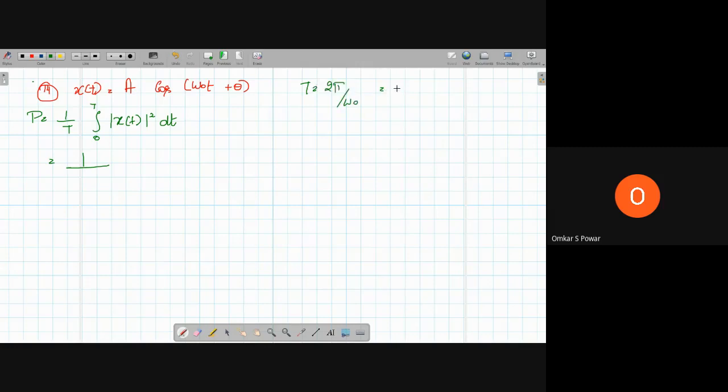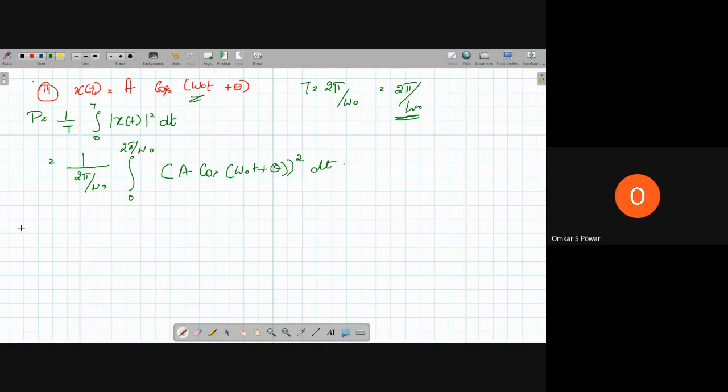So 2 pi by omega naught is here, omega naught only. It is not changed. So let me write as it is. So 2 pi by omega naught from 0 to 2 pi by omega naught, x of t, so A cos omega naught t plus theta the whole square dt.